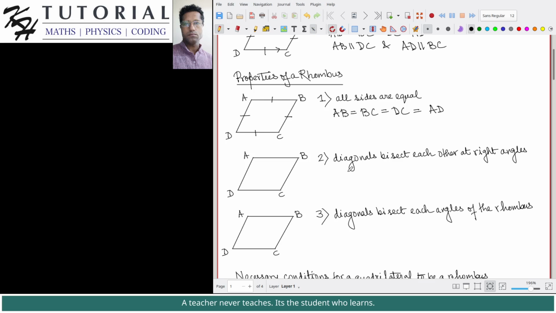The second property is that diagonals bisect each other at right angles. This is super important. ABCD is a rhombus.